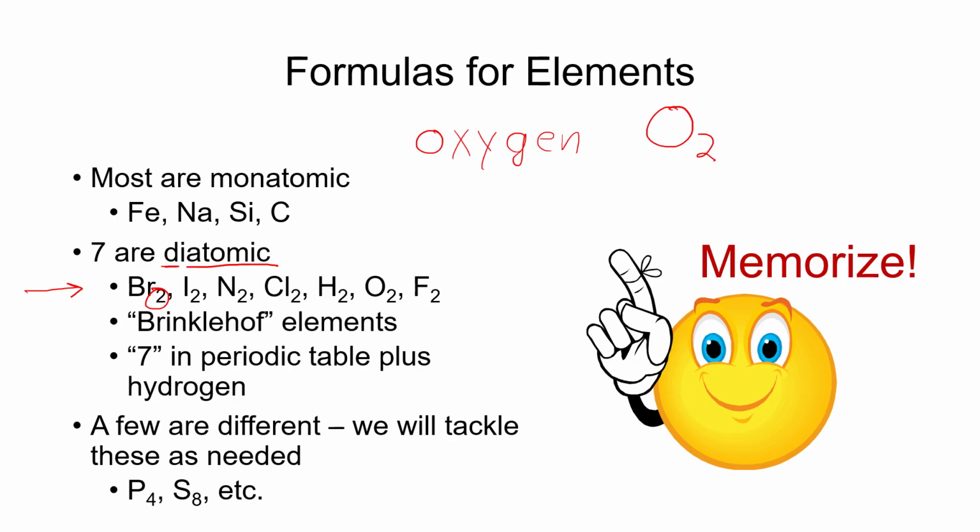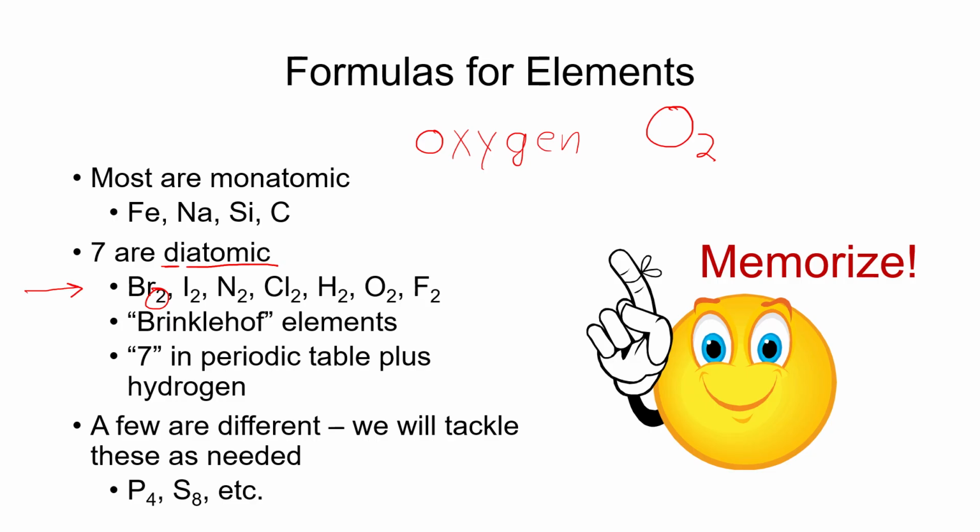So I would expect you, for writing an element, like if I ask you to write and balance a chemical equation and you have to write the formula for lead, I would expect you to just write Pb for lead. That's what we do for most of the elements, just the element symbol. The 7 Brinkelhoffs, like if I asked you to write the symbol for nitrogen in a reaction, you'd need to write N2.